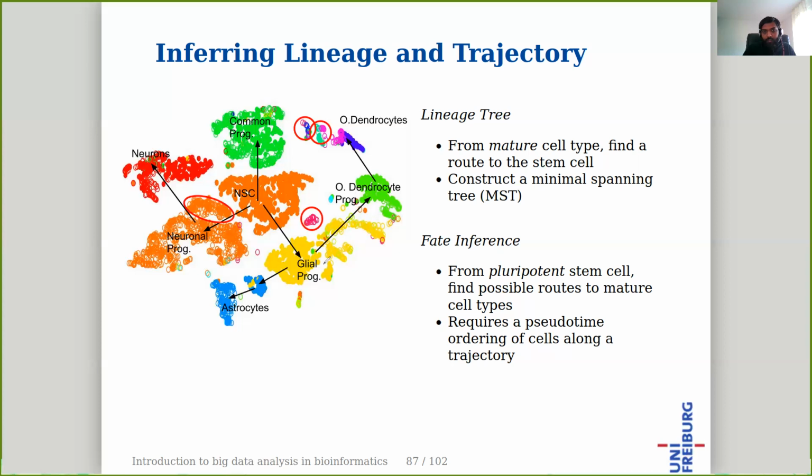Based on this ordering, we evaluate whether certain genes are constantly over or under expressed, upregulated or downregulated, along this path.